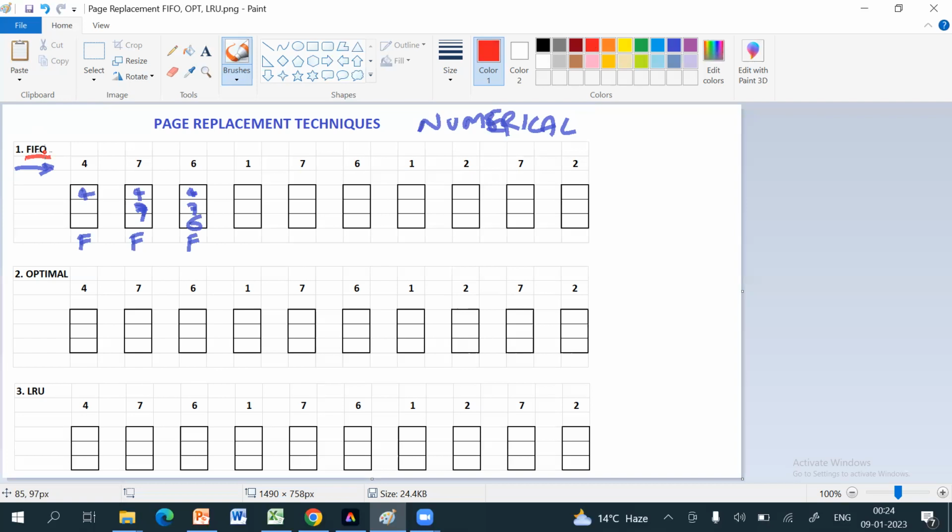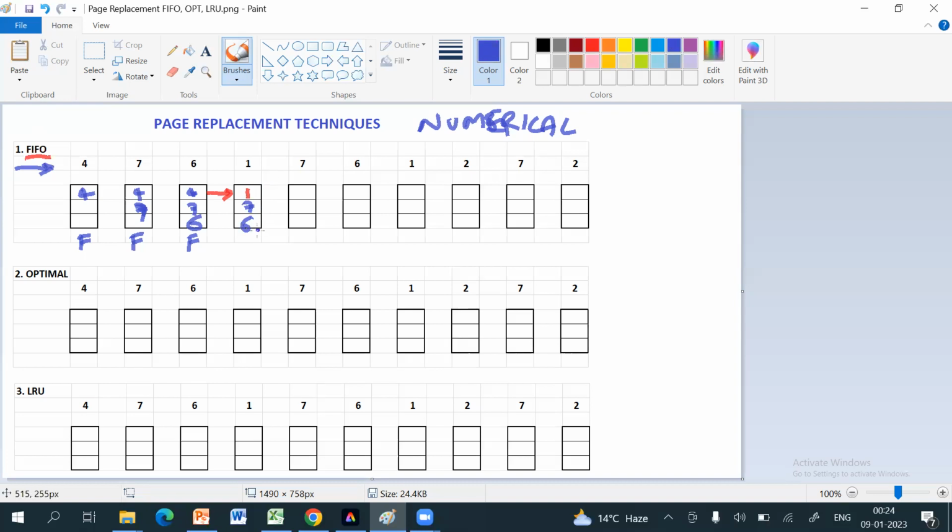So 4 came first among 4, 7, 6. So 4 will be replaced with 1 here. 7 and 6 will remain as they are.